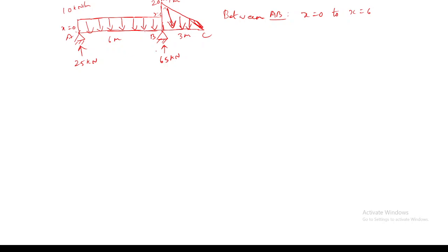So what will be the shear force at any cross section? For example, let us take the cross section to be at a distance x from the left hand side. What will be the shear force? 25 minus 10x. Yes, it will be 25 minus 10x.